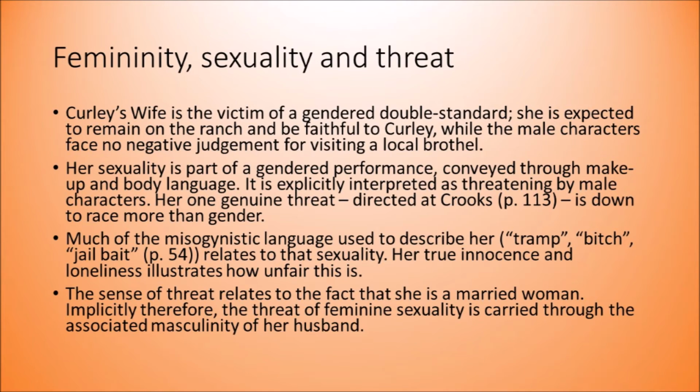So in that regard, we need to be a little bit careful when we're considering how much this description really fairly represents her.